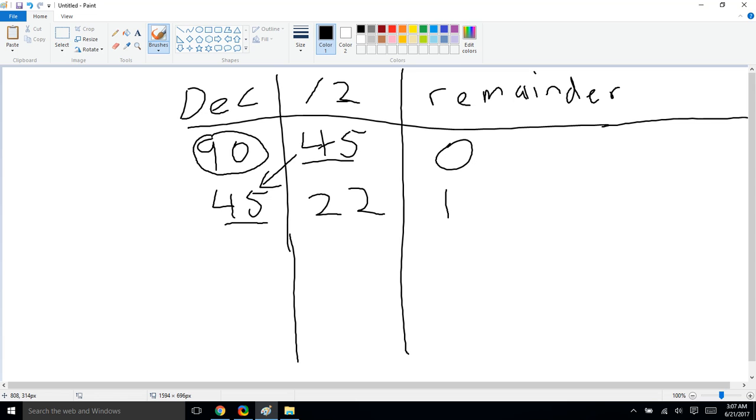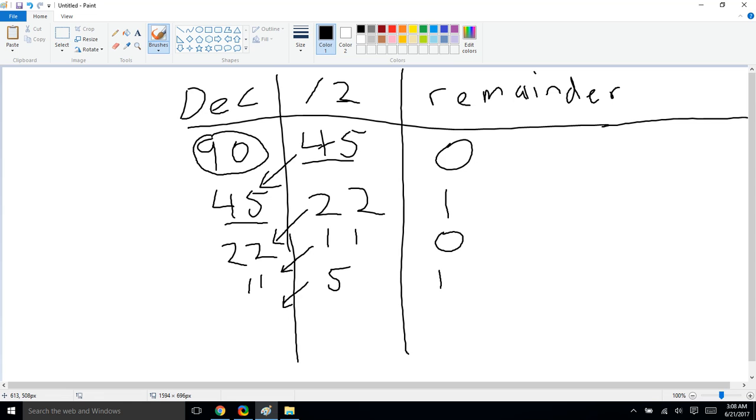Okay, now I'm going to take my 22 and put it here. What is 22 divided by 2? 11, with a remainder of 0. Now 11 divided by 2 is 5, with a remainder of 1.